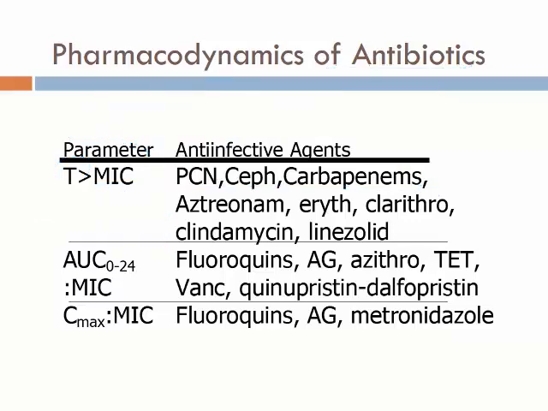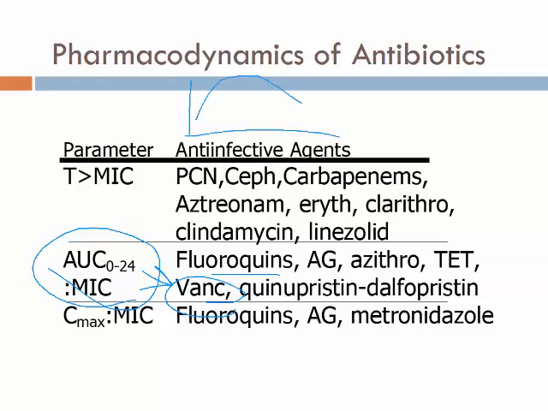Okay? The next group of drugs, the target is to make sure the area under the curve is over the MIC as much as possible. So this includes fluoroquinolones, vancomycin. We now will be using probably area under the curve targets to make sure we have enough vancomycin on board and not too much on board. Area under the curve, of course, is going to actually look at exposure.